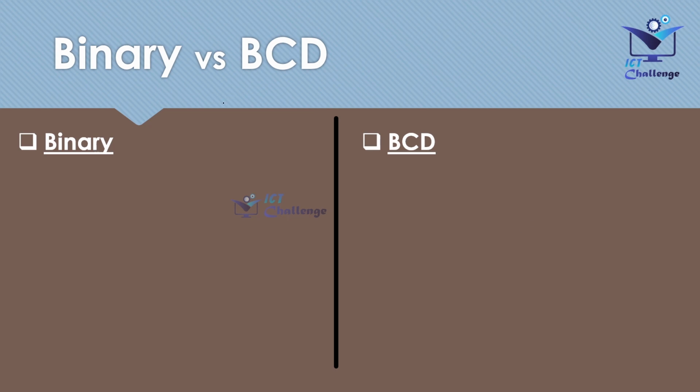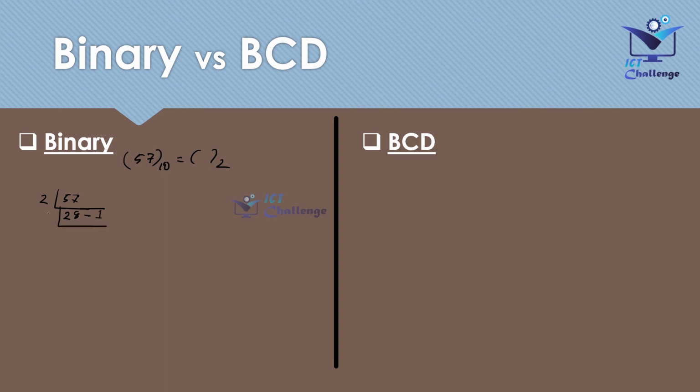So here binary versus BCD, we have to find a comparison. So here 57 is our decimal number. We have to find the binary for this decimal. Now we know that for decimal to binary we have to divide the integer part by 2, because 2 is our base for binary. That means the result is 28 and the remainder is 1.